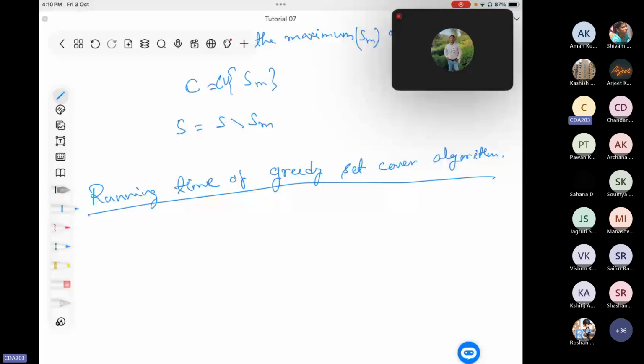Assuming that the size of S is n and the size of F is m, what is the running time of this algorithm?